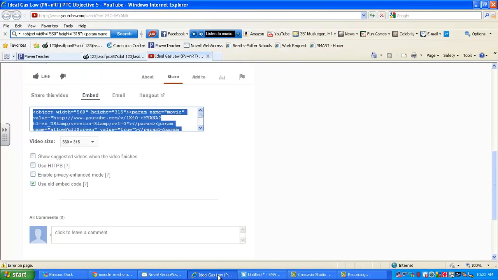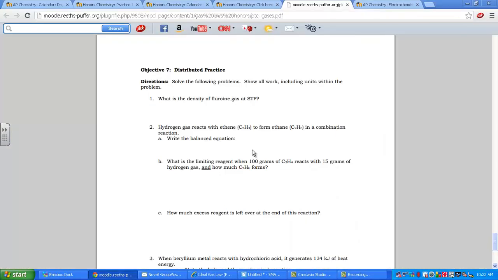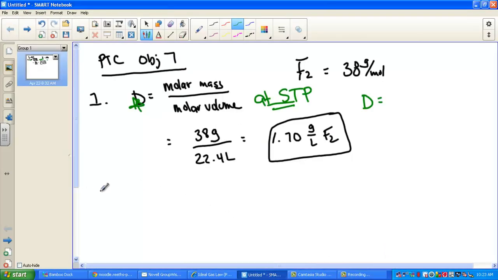Let's go on. Number 2 reads: hydrogen gas reacts with ethene to form ethane, and we have a combination reaction. This is the same equation from practice test to practice test, so that should be coming pretty readily for us. Writing out our balanced equation shows the molecular form of hydrogen, H2, combining with a molecule called ethene, C2H4.